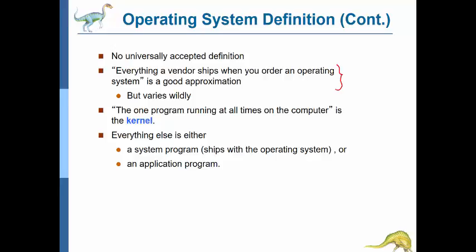The one program running at all times on the computer is called the kernel. It's the core program of the operating system. Everything else is either a system program or an application program.